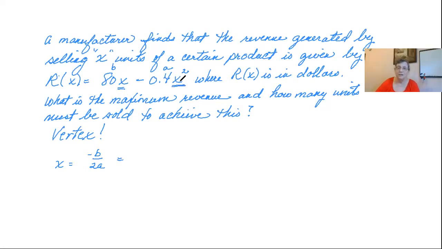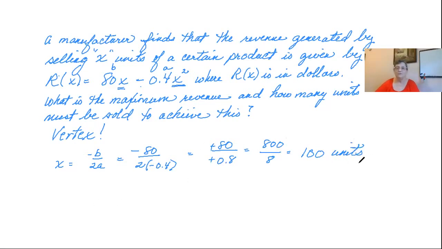If it did, that would be C. So negative B is negative 80 over 2 times a negative 0.04, negative 80 over negative 0.08. The 2 negatives cancel. 80 over 0.8 is the same thing as 800 over 8 if I multiply both of those by 10. So that's 100 units.